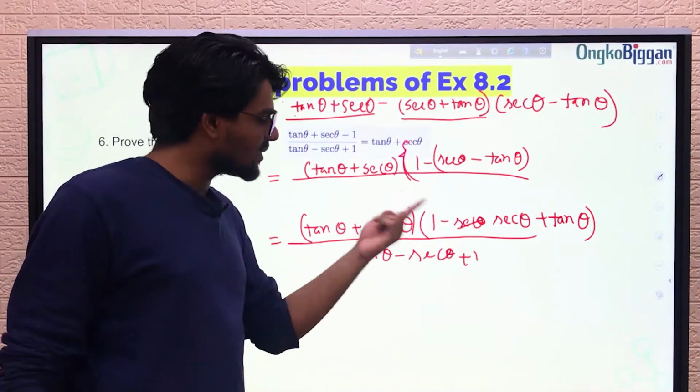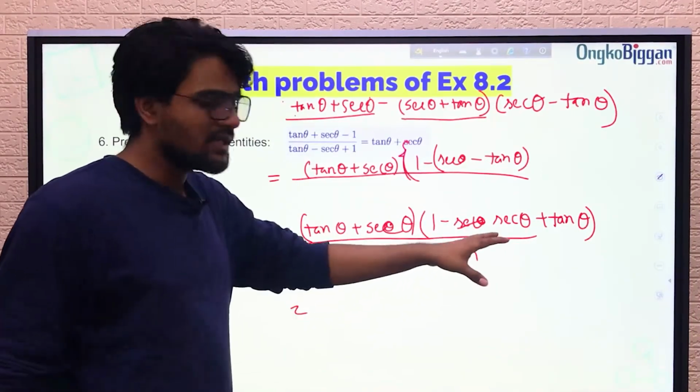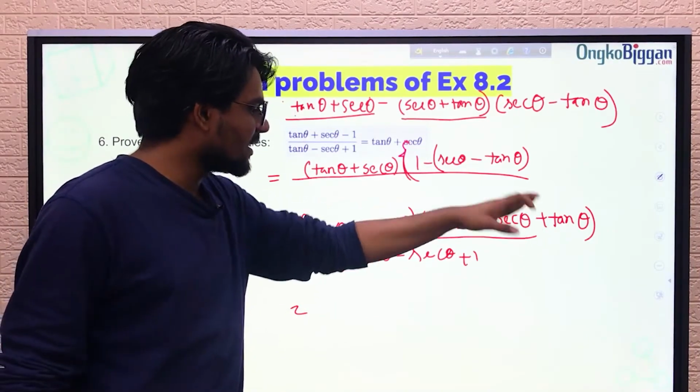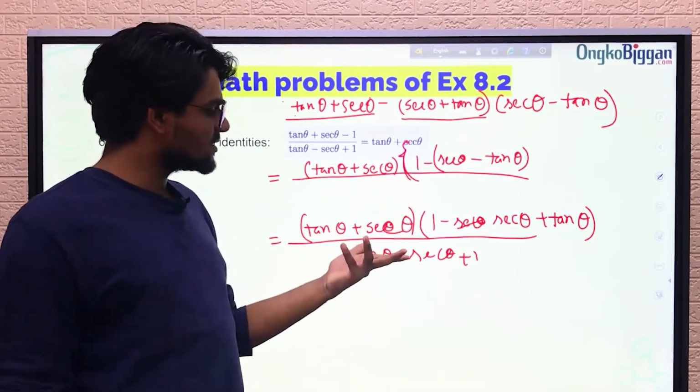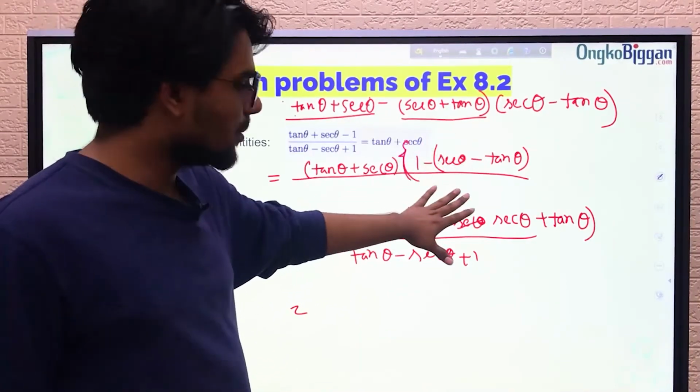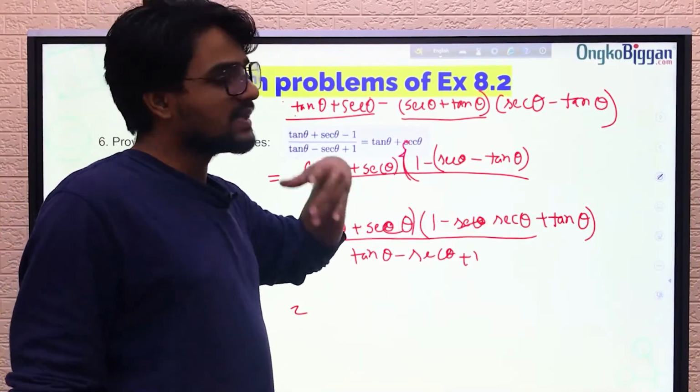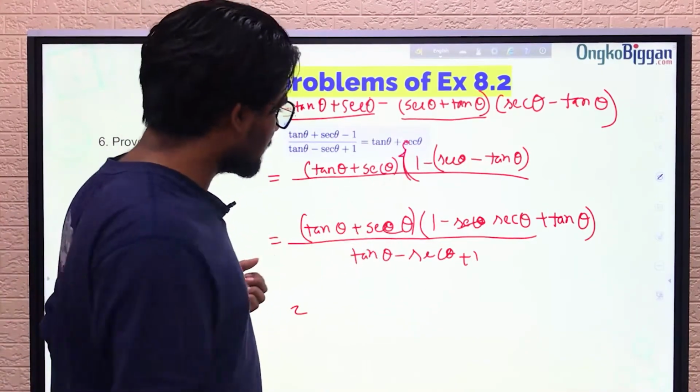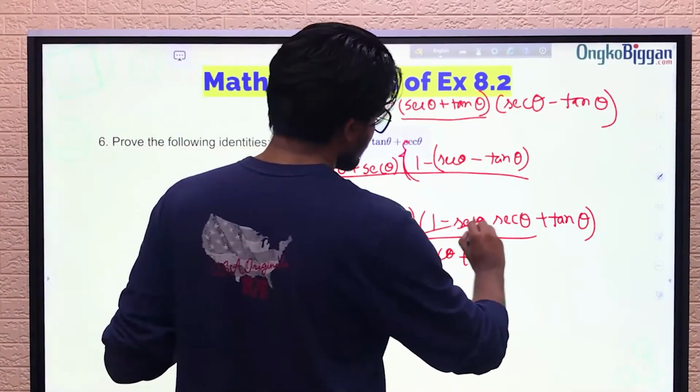If you look closely, the term 1 minus sec theta plus tan theta is actually equal to tan theta minus sec theta plus 1. The positions of tan theta and 1 have just been rearranged in the denominator. So we can easily cancel 1 minus sec theta plus tan theta from both the numerator and the denominator.